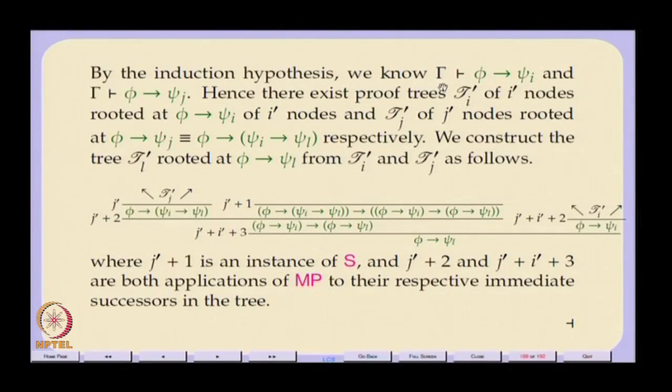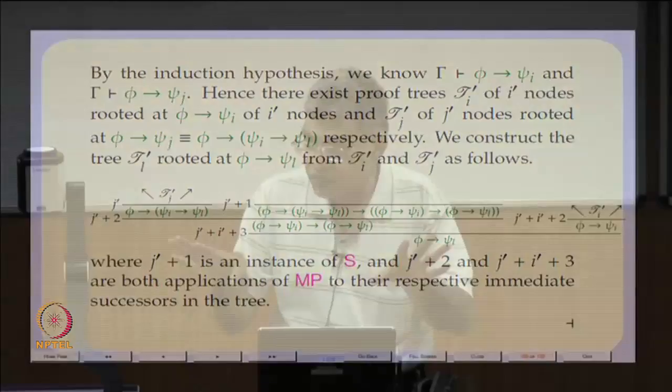So, therefore, by induction hypothesis there do exist proof trees T i prime and T j prime, which prove from gamma, phi arrow psi i and phi arrow psi j respectively. These are separate proof trees, right, because these are different proofs with different sets of assumptions.